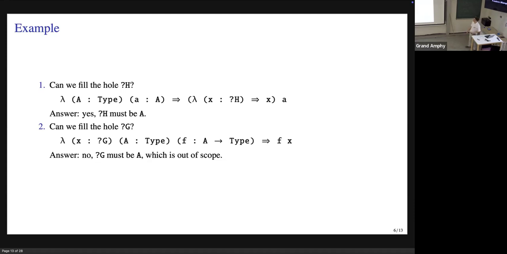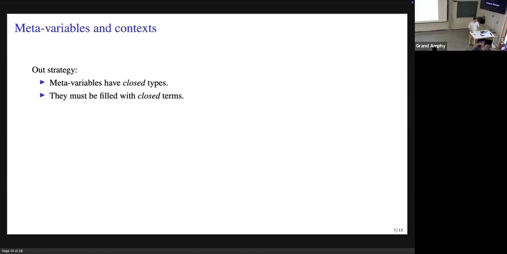This sounds a little bit prohibitive, because surely this one is not going to be closed. It will mention capital A. But we can still do it, and there are tools to do it this way. We will require that meta variables are closed types, and then, because they're closed types, they can only be filled with closed terms. Okay?